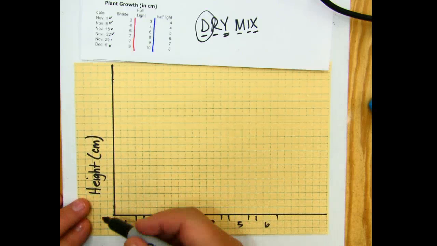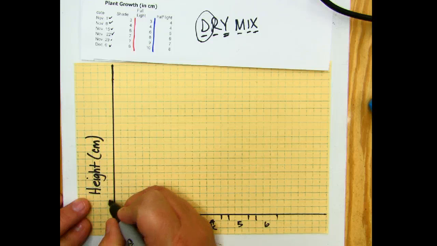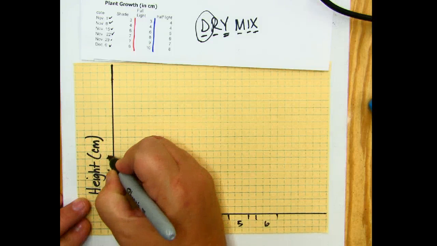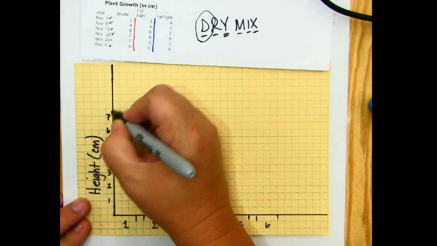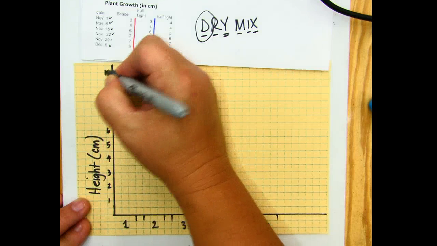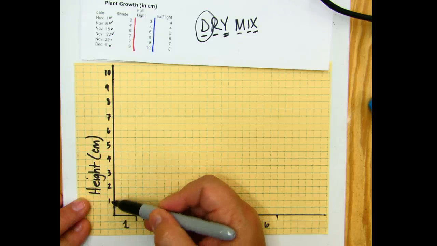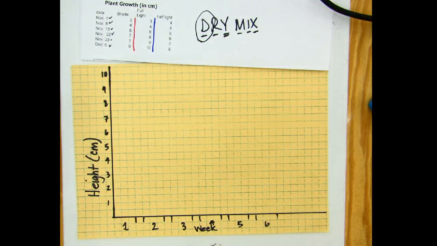So let's go up and do 1, 2, 3, 4, 5, 6, 7, 8, 9, and 10. And if you notice, there's an equal number of spaces for each number. That's important. You have to make sure that your scale is correct.